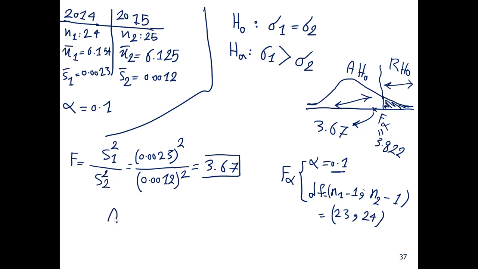So you will accept the null hypothesis. It means the precision is the same in these 2 years.